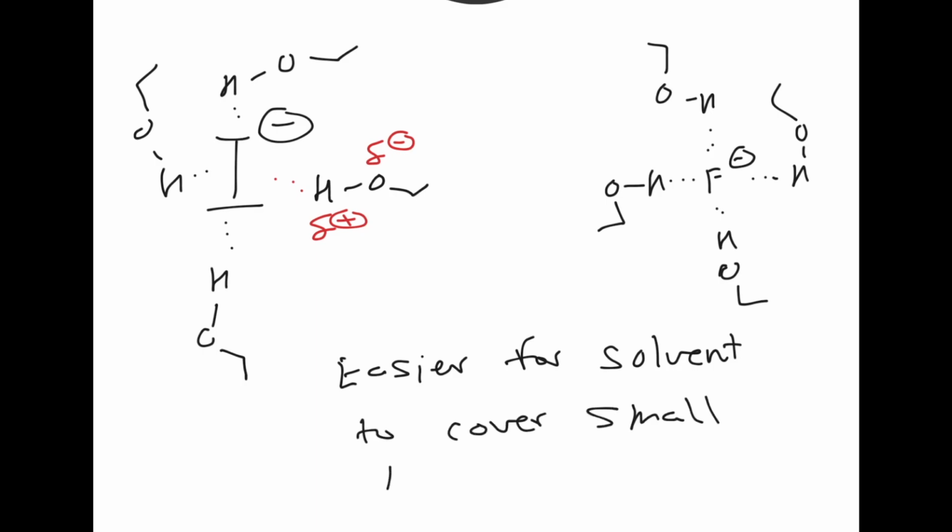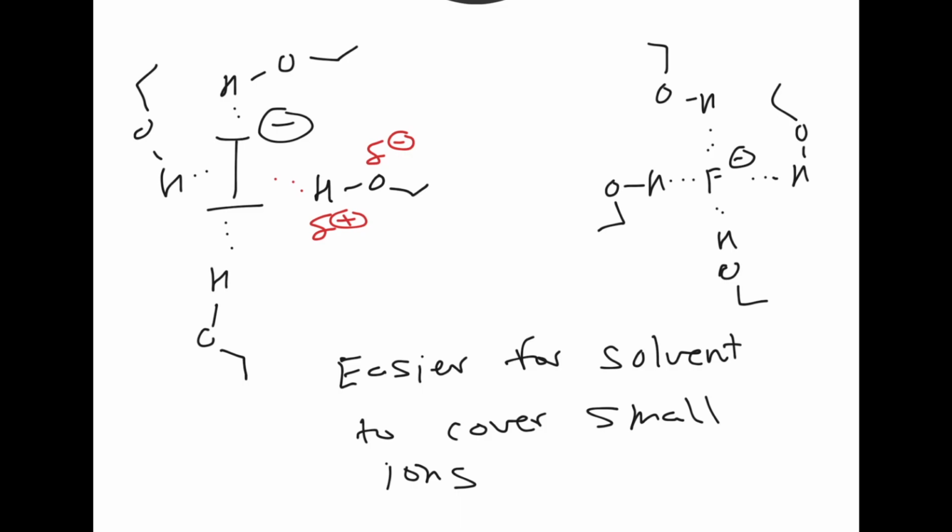So basically what happens is when you're a smaller nucleophile or a smaller ion, solvent will completely and totally envelop that smaller ion, right? So instead of just having a bare F minus, you've got this F minus that's basically bubble wrapped in solvent. So it can't get to anything. Its negative charge is hidden by a bunch of solvent.